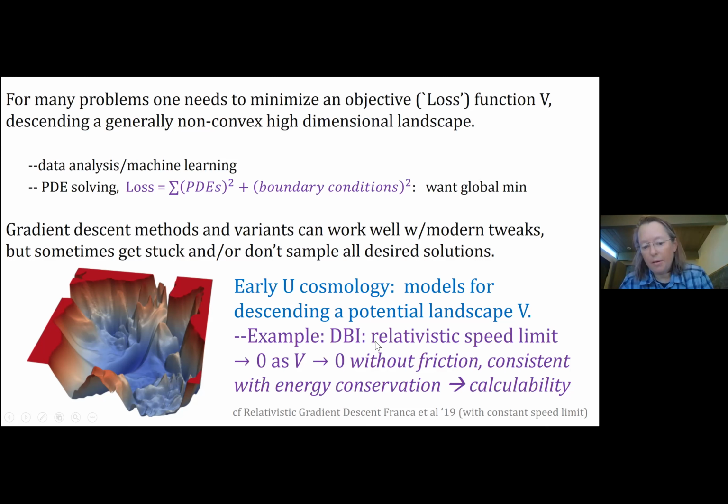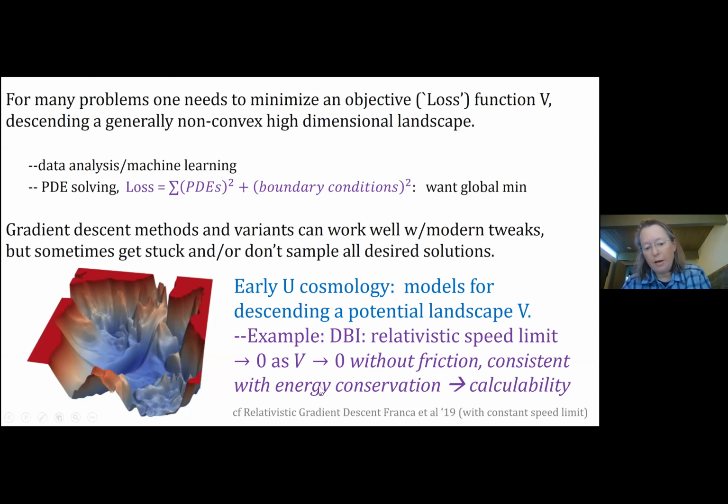And in contrast to gradient descent, which is friction-based or friction-dominated in physics language, in this case, we can have zero friction. And so just to anticipate a little bit, the prototype for this will be an algorithm based on physics dynamics in which it's relativistic, but where the relativistic speed limit depends on the loss itself.